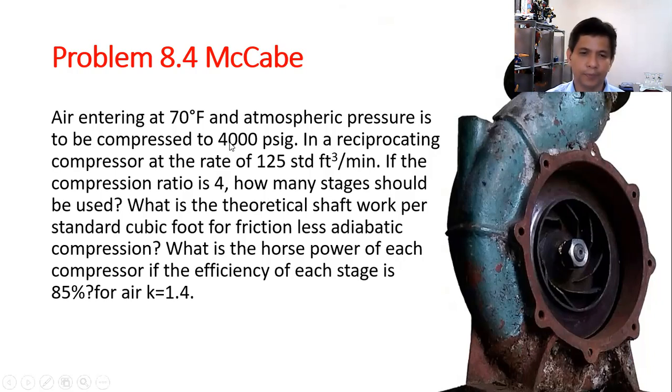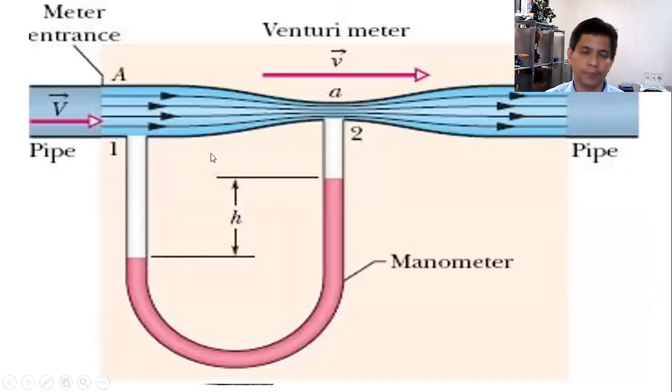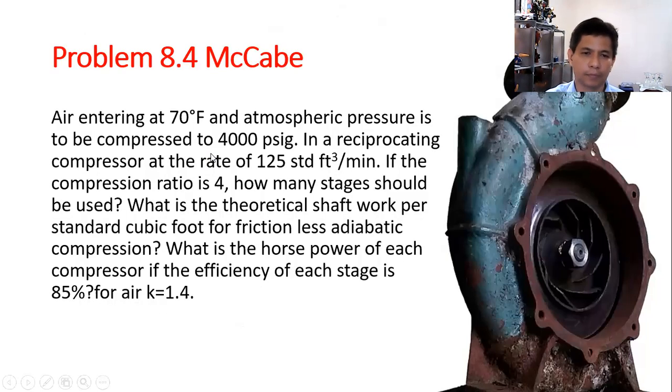Parang 'di ba ito yung final pressure niya, 4,000 psig. So halimbawa, if this is psia, that would be 4,000 plus 14.7 psia. Tapos the initial pressure is 14.7.